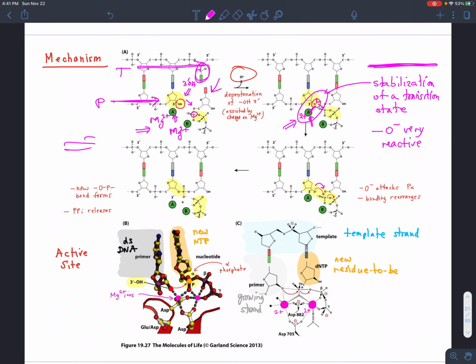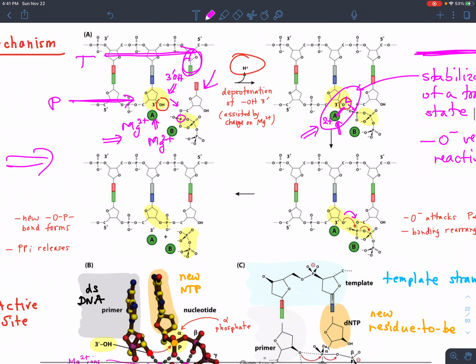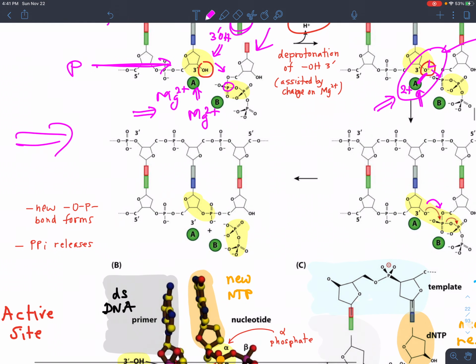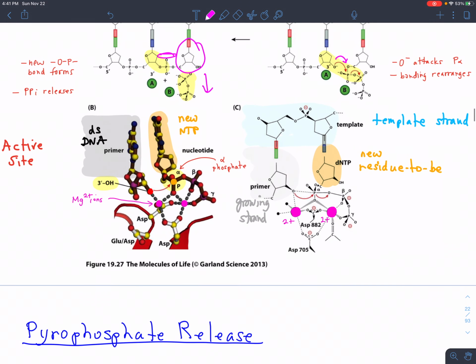These guys here are truly elementary. The whole step as a unit is not truly elementary. All right. Last thing then is the pyrophosphate goes away, the new bond forms here, and now this guy is just a new base added onto the end of the primer strand, a new residue added onto the end of the primer strand. A couple more diagrams here just to fill that out.